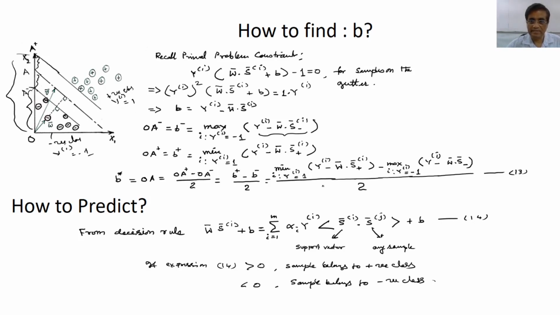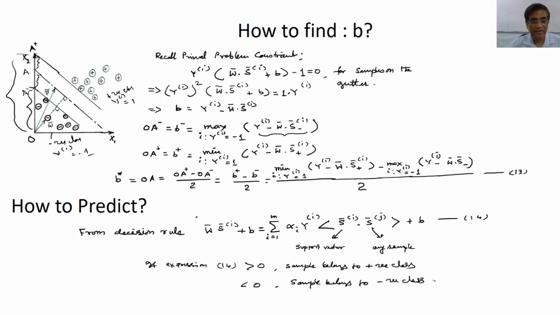You get this as the output of the algorithm. And that's it, the machine is trained. You have got all the alphas from the dual problem by running the SMO algorithm, and the moment you have alphas, W is known, and then you use that classical constraint for samples on the gutter to figure out B. So far so good.